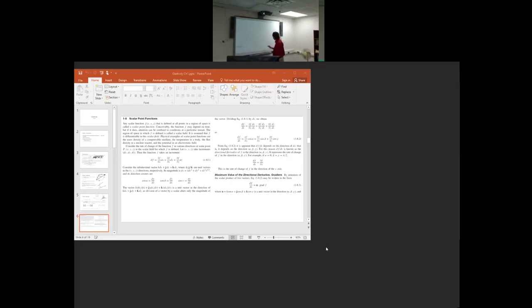Now, if you have a field and you have a point P, and you plot curves which is f of x, y, z equal to c1, and then another one which would be f of x, y, z equal to c2, and so on. Those lines around point P are basically the so-called level surfaces.